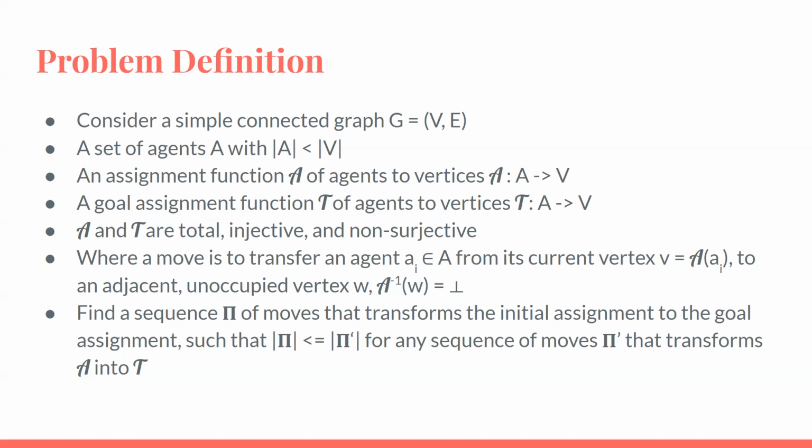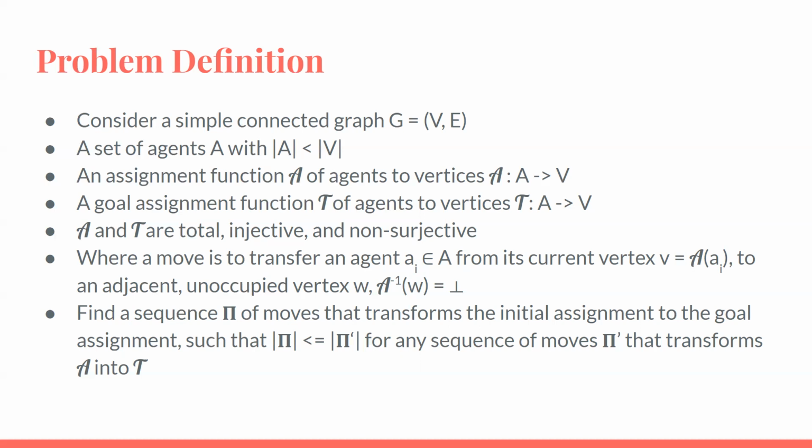Fancy A and fancy T are considered total, injective, and non-surjective. Total refers to the fact that the location of each of the agents has to be specified. Injective refers to the fact that one vertex can only hold a single agent at a time. And non-surjective means that there are always more vertices than agents.